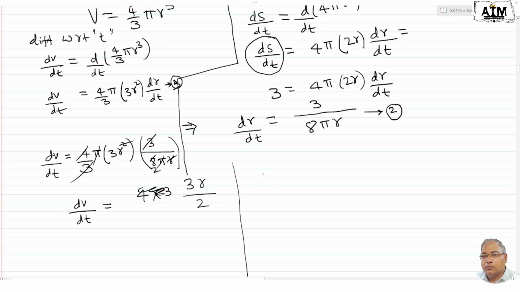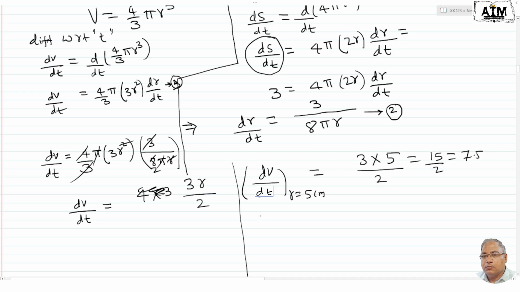We have to find the rate of increase in volume when r equals 5 centimeters. Putting r equals 5, we get 15 divided by 2, which equals 7.5.